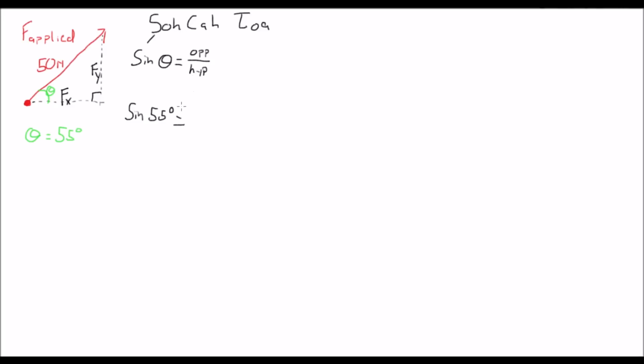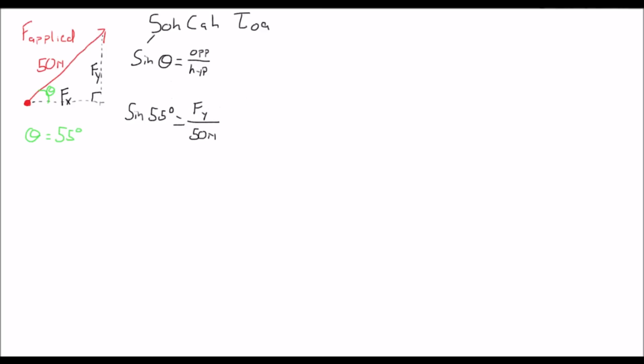So in this case, it'll be F of y over the hypotenuse. And we'll solve for this in a minute, which the hypotenuse is obviously 50 newtons. So let's fill that in. So we'll erase that. So that'll be 50 newtons.